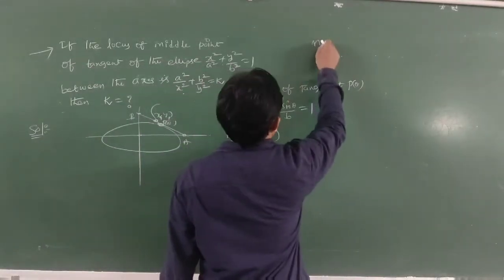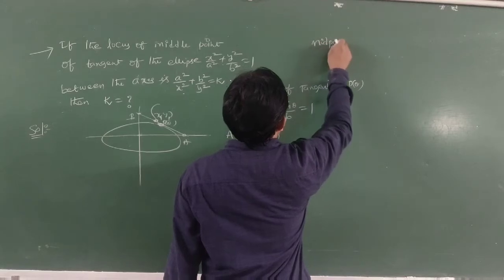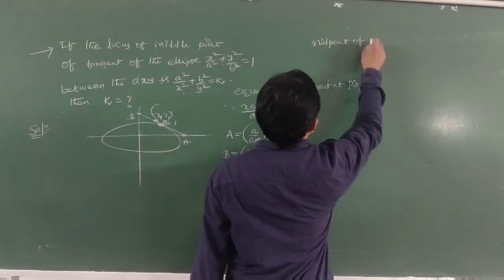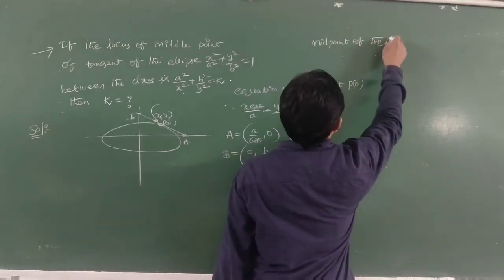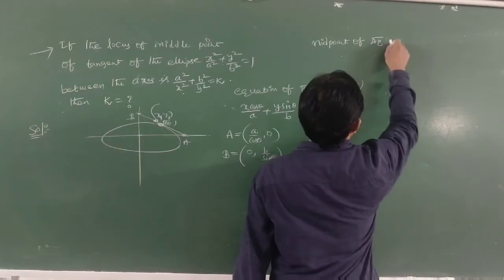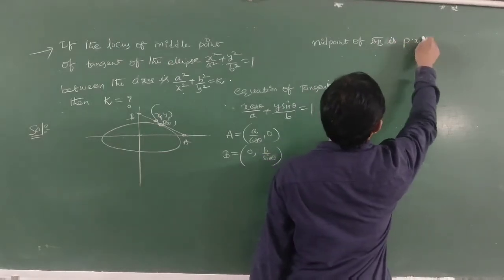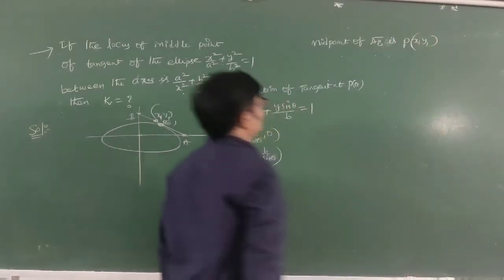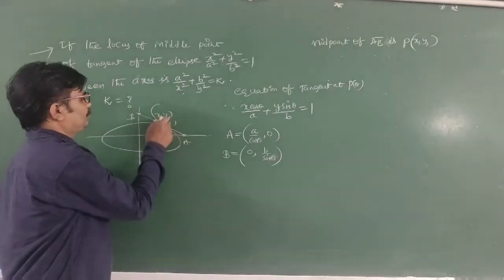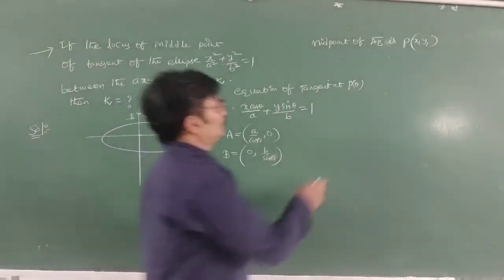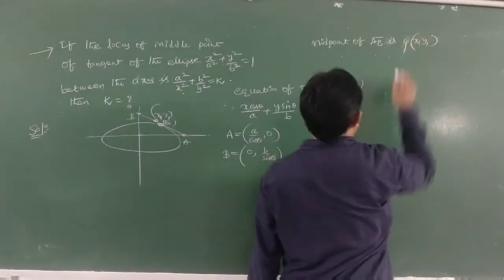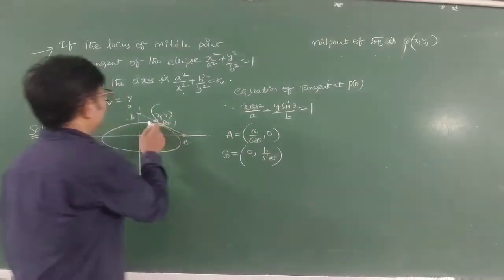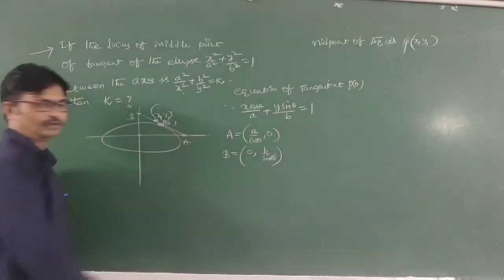How to write this? The midpoint of AB, we are taking as some point Q (x1, y1).